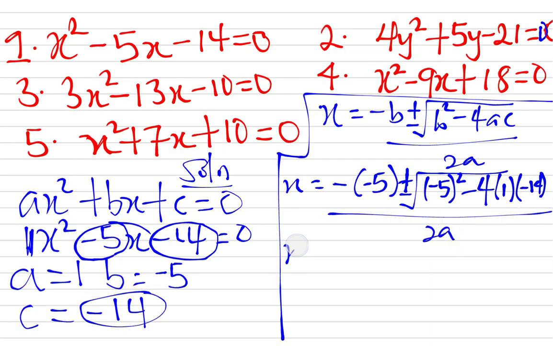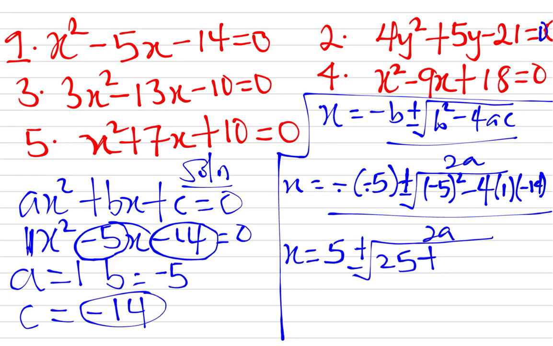So that means our x is now going to be minus times minus. This minus here times this minus will give us plus 5. So that's plus 5 plus or minus square root of minus 5 squared. Minus 5 squared is minus 5 times minus 5, which will give us 25. Then minus 4 times minus 14. Minus times minus will give us plus.